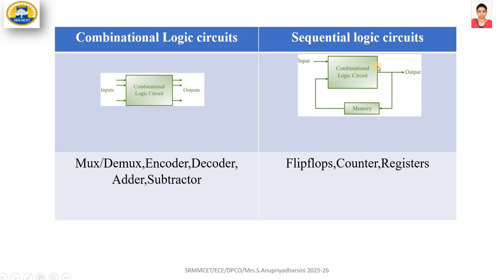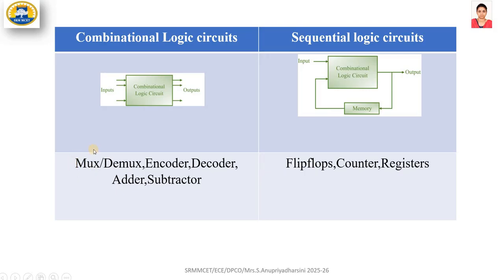So these sequential logic circuits use flip-flops or memory elements to store the information. So it has a memory element, whereas the combinational does not have a memory element. It only depends upon the present inputs. Some examples of combinational logic circuits are mux, demux, that is multiplexers, demultiplexers.